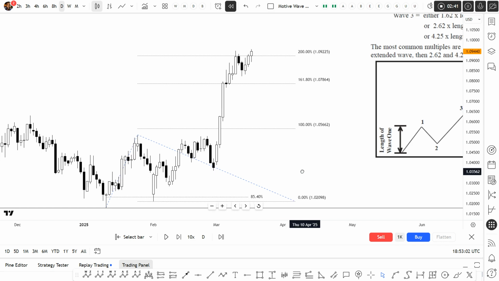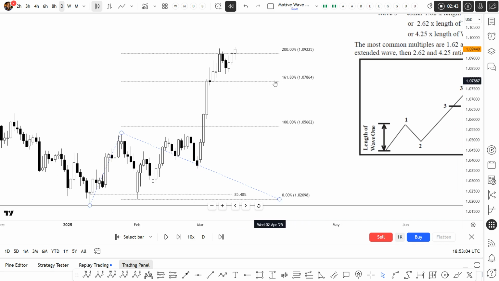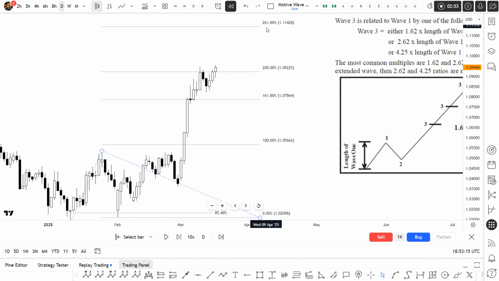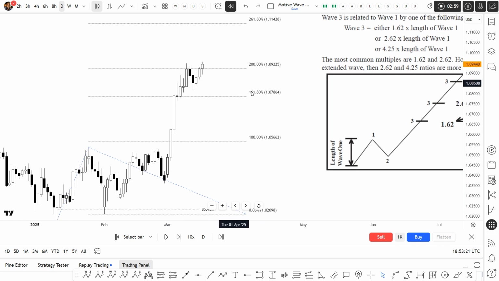Now if you pay attention to this, you can see the 161.8% ratio. But sometimes wave three can also get to the 200% ratio. It can also get to the 261.8% ratio. So in this case here, our wave three did get to the 200% ratio.